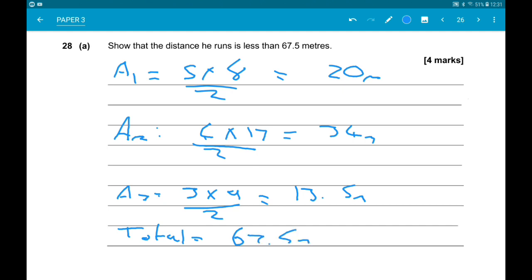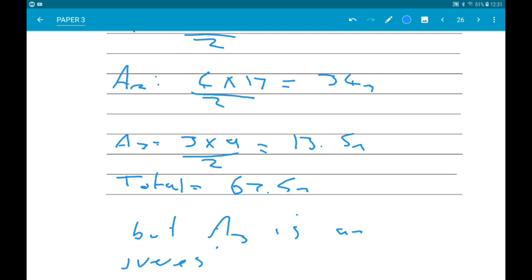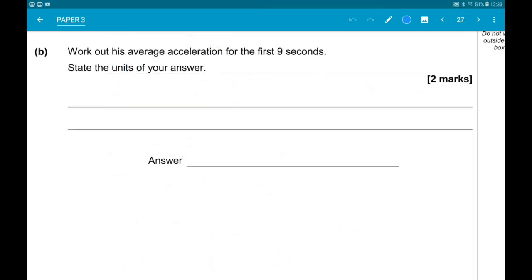But you would now need to say that A3 is an overestimate. So because of that, he ran less than 67.5 meters.